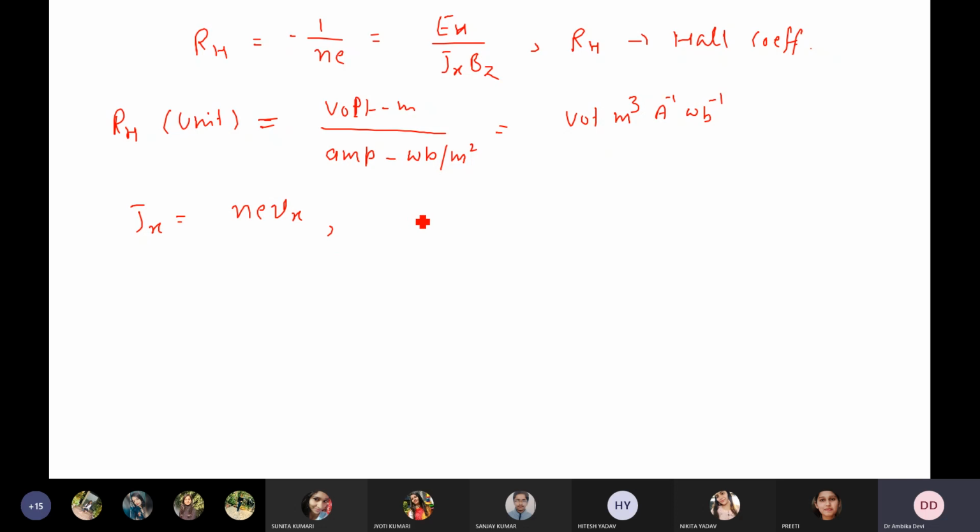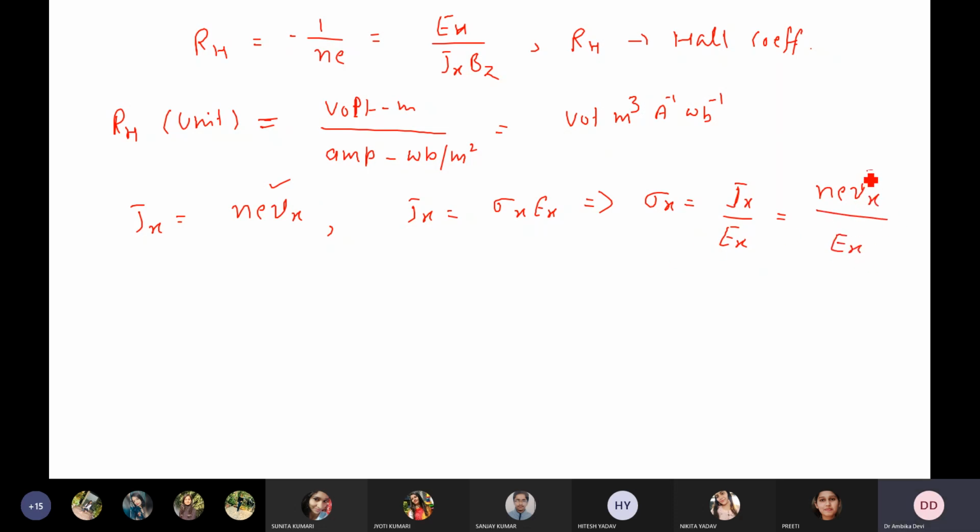We also know that Jx is equal to sigma x Ex, where sigma x is the conductivity of the metal. So we can say that sigma x is equal to Jx upon Ex, which is equal to, putting the value of Jx from here, n e Vx divided by Ex.